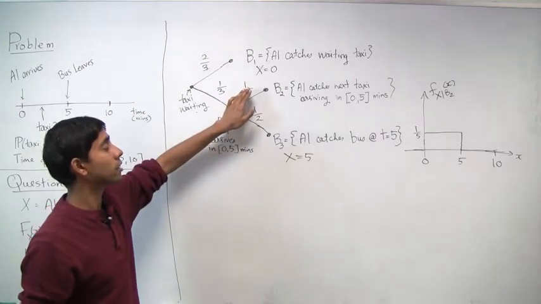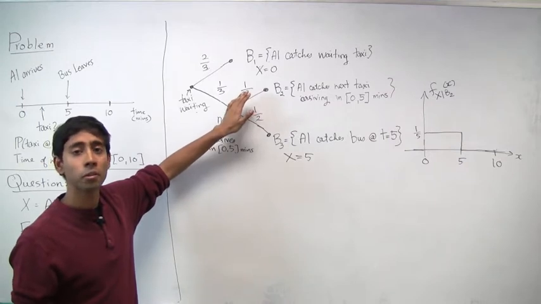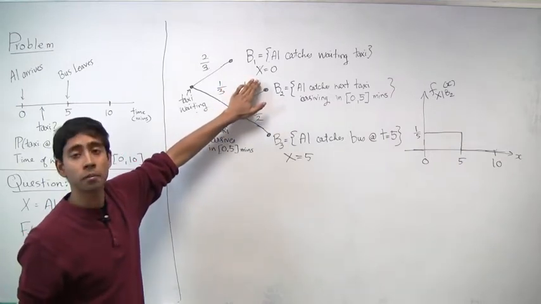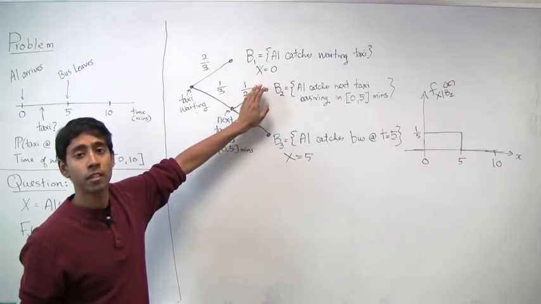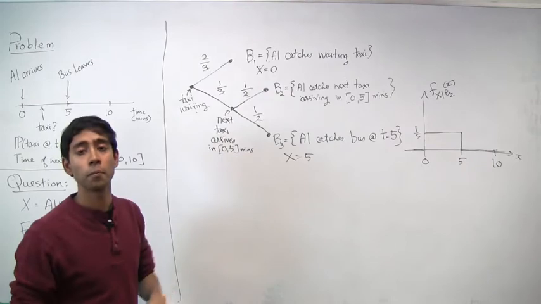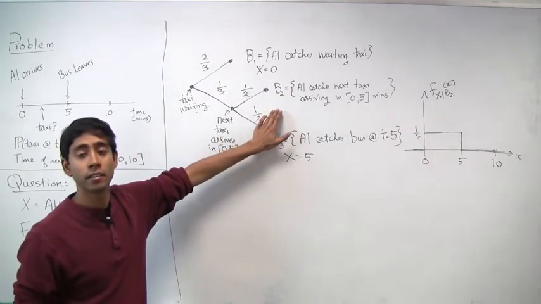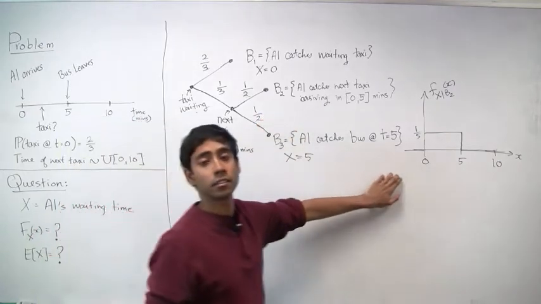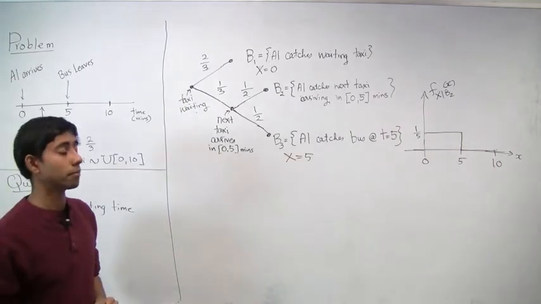Well, x takes on values according to either a discrete probability law or a continuous one. So if B1 happens, for example, x is going to be exactly equal to 0 with probability 1, which is a discrete probability law. On the other hand, if B2 happens, then the value of x depends on the density, which is going to be continuous. So x is going to be a continuous random variable here.